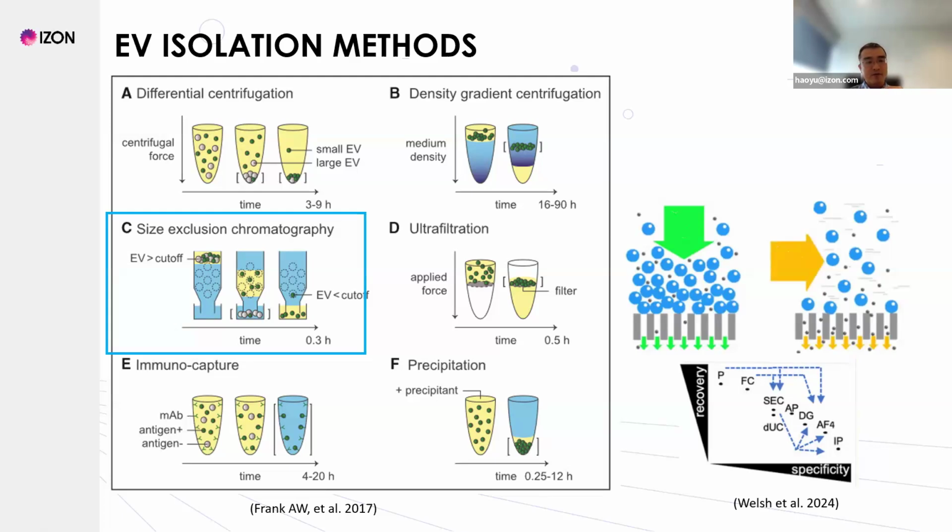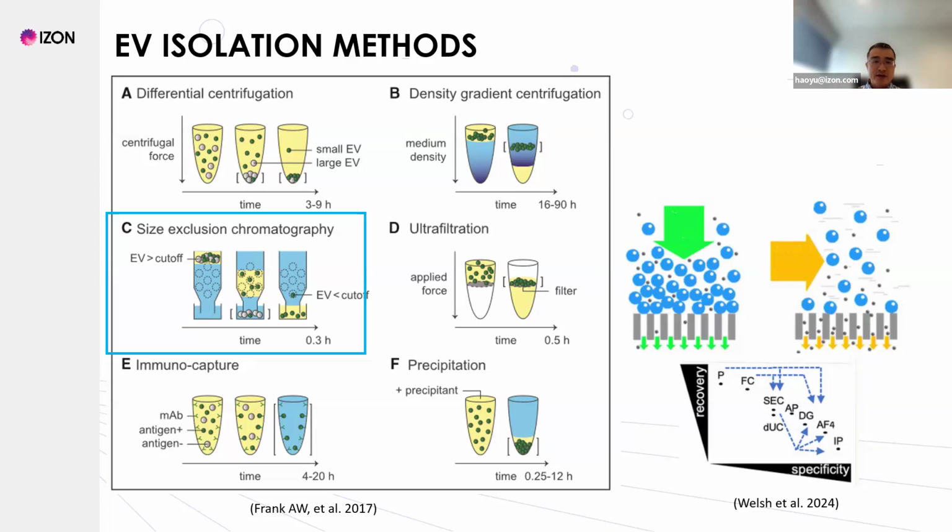For example, a low centrifuge speed pellets things like cell fragments, and then a very high centrifugal force pellets the small EVs. But this kind of method has some drawbacks we'll talk about later. Basically, the high centrifugal force will damage the EVs, and it takes a very long time.